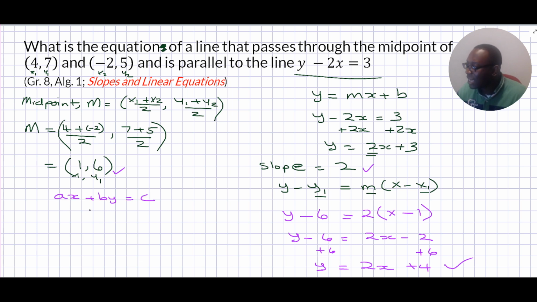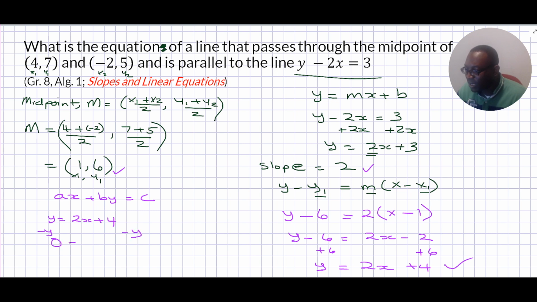In that case, you're going to write it this way: 2x. So let me take a step back and show you exactly how I'm going about it. I need to write y equal to 2x plus 4 in the form ax plus by equal to c. So now I'm going to subtract y from both sides.